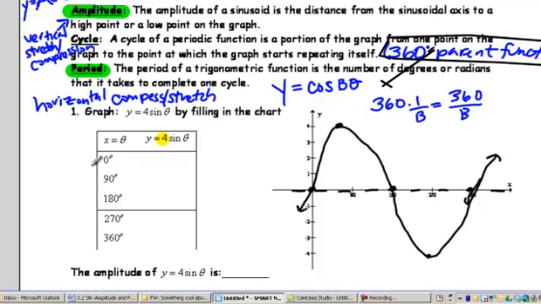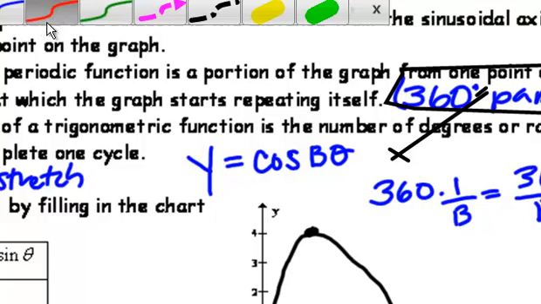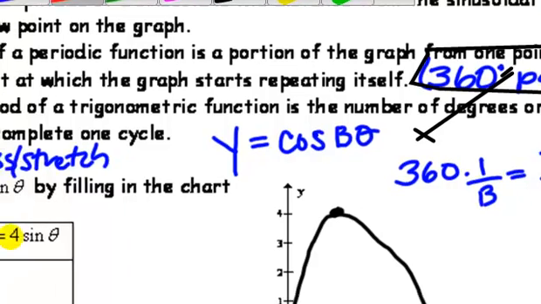Now, some of y'all probably are wondering why we only graph 0, 90, 180, 270, and 360. That is because we are only graphing our critical points, okay? With our spaghetti trig, and I did it only because I wanted you to see the graph, we did 0, 30, 45, 60, 90, so on and so forth.